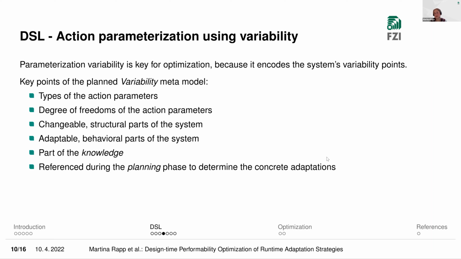And we see the variability meta model as part of the knowledge part in our overall meta model. Usually this variability meta model is referenced during the planning phase in order to determine the concrete adaptations that should be taken on later.